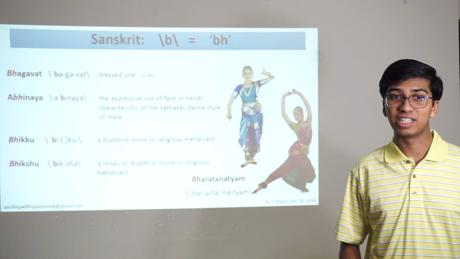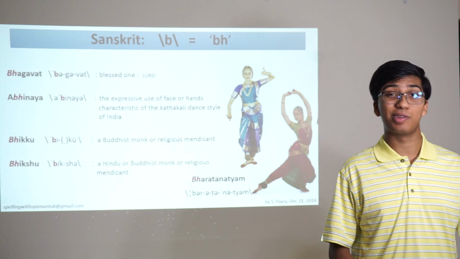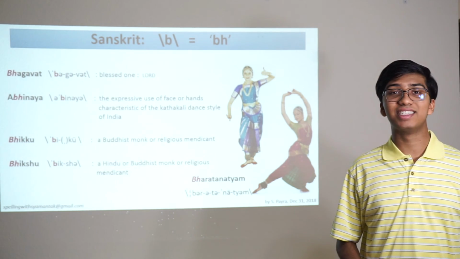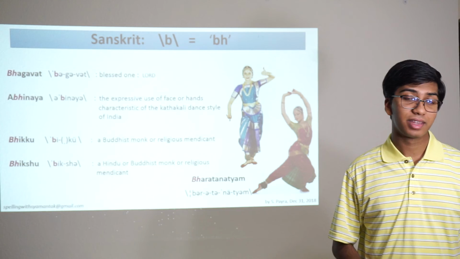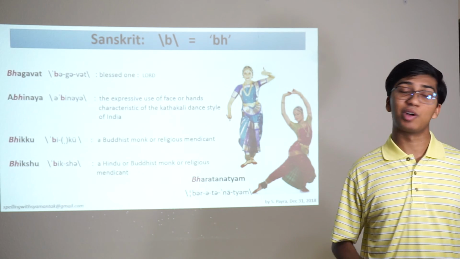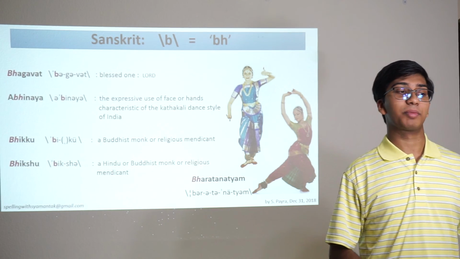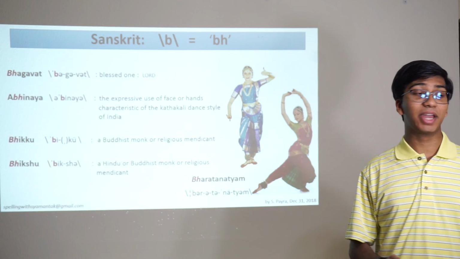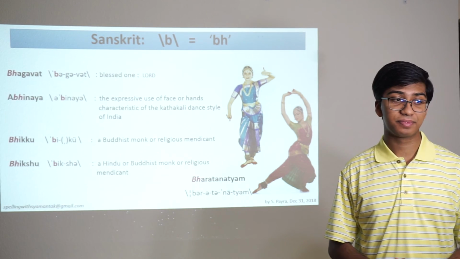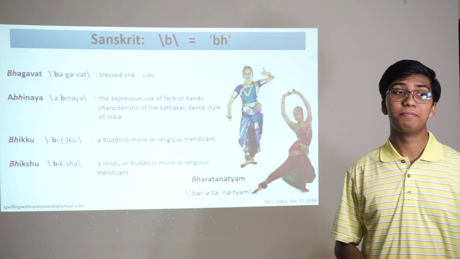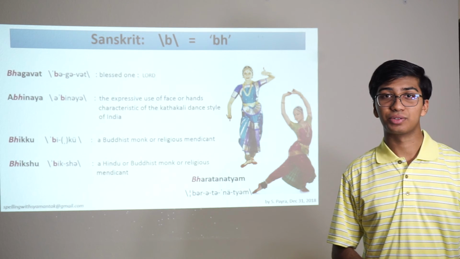But in American English, we don't really make that distinction when we pronounce these things, so it just ends up as Bhagavat. You should know that that has to be spelled with a BH. Same thing applies with Abhinaya, Bhikkhu, and Bhikshu, as well as Bharatanatyam, an Indian form of classical dance.